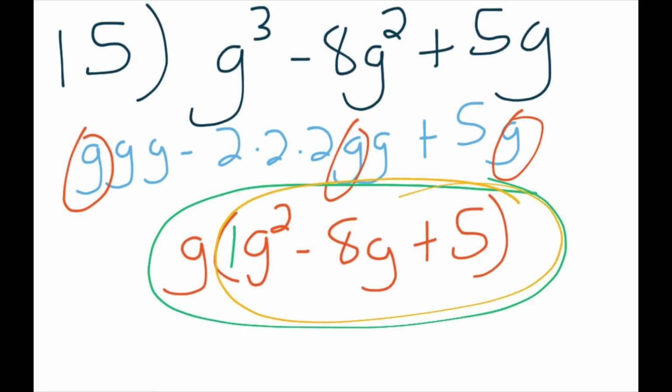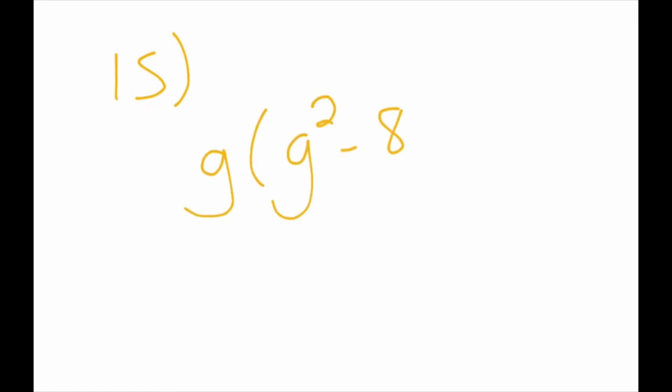So I'm wondering, are there two numbers that when multiplied give me a 5 and when added negative 8? And it turns out there are not, so this actually cannot be factored any further. So the final answer for 15 is g parenthesis g squared minus 8g plus 5.